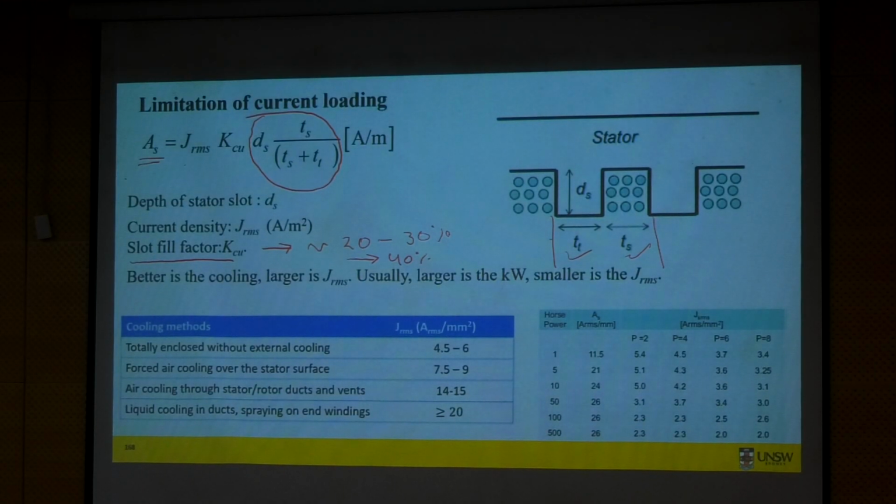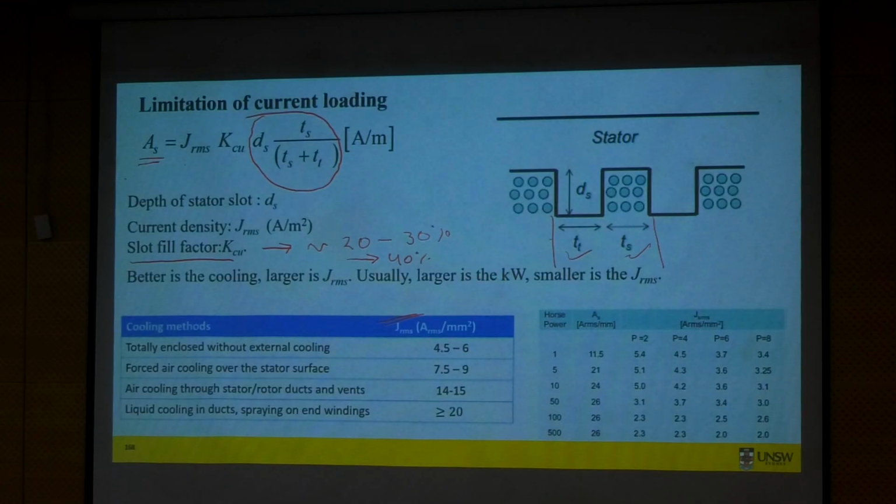So we are not utilizing the slot area fully. On top of that, the conductors carrying current close to each other are the main source of heat in the machine, right? That also determines how much current density you can push through it.